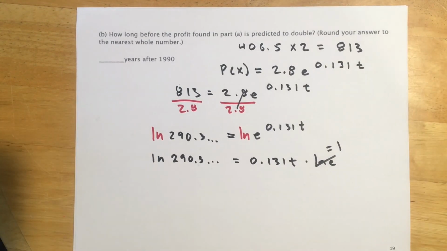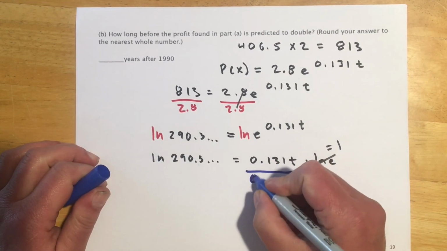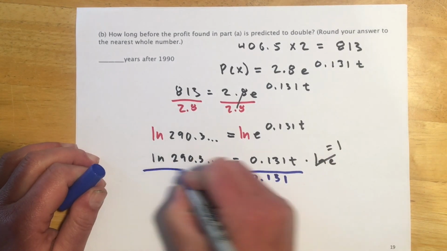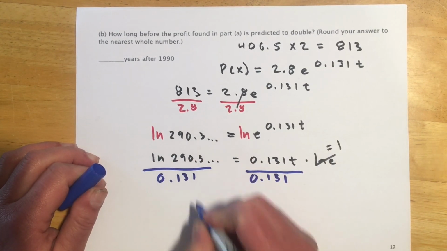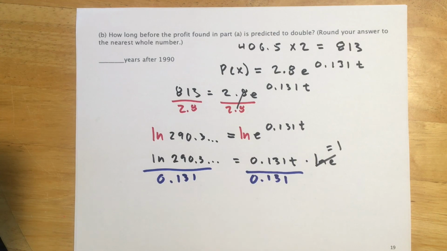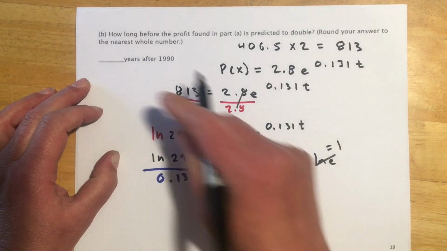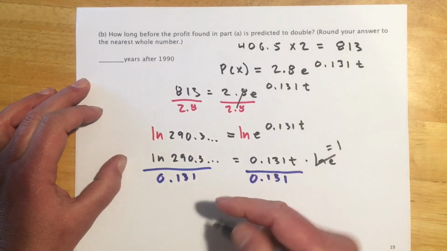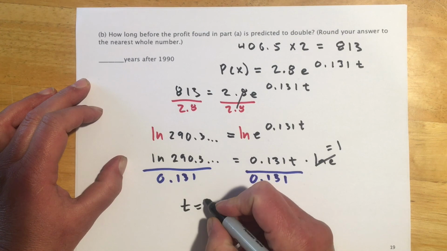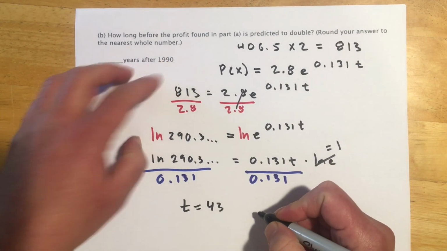And now we would just divide over the decimal. And then throw all that in the calculator. And so if you do, it ends up, to the nearest whole number, the nearest year, I got t to be 43 years after 1990.